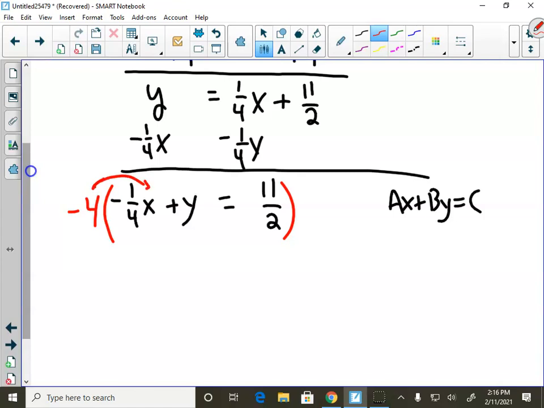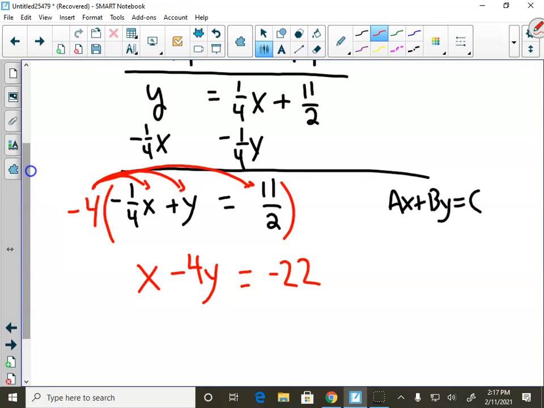So again, remember distributing that negative 4 to everything here. So negative 4 times 1/4 x gives us x. Negative 4 times y is negative 4y. And then negative 4 times 11 halves is going to give us negative 22. Again, negative 44 over 2, which reduces down to negative 22.